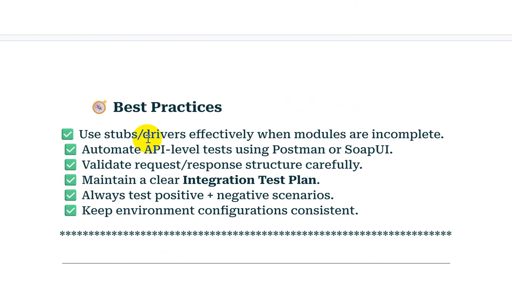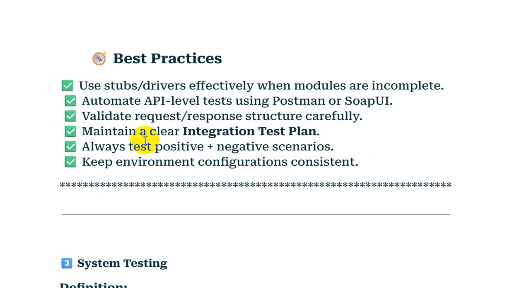Now the best practices for integration testing: we can use stubs or drivers effectively when modules are incomplete. Then we can automate API-level tests using Postman or SoapUI. SoapUI and Postman are tools for API-level testing. Then we can validate request and response structures carefully.